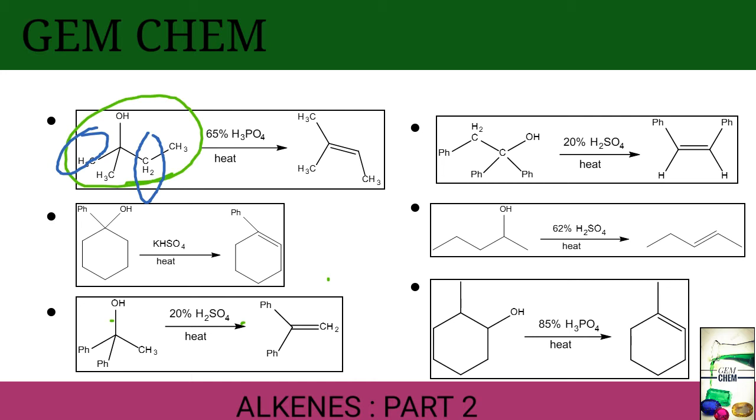Okay, now see this one, here also OH gets away from here and one hydrogen gets away from here to form this product. Similarly for this one, hydrogen comes out from here because this is the most substituted position rather than this one. So here is the formation of the most substituted alkene, right, this position. So this is important.